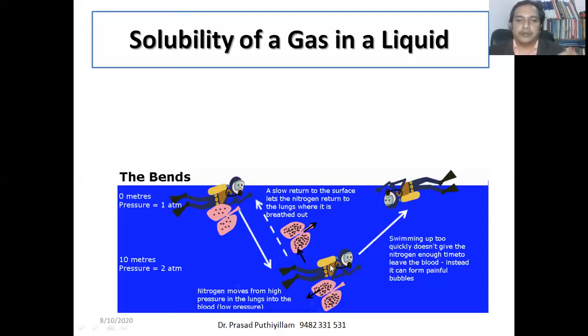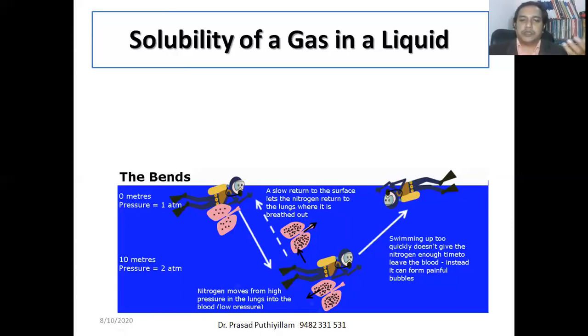So as he dives to the depth of the ocean, the nitrogen present in our body, which we inhale along with the air, also comes with the air.